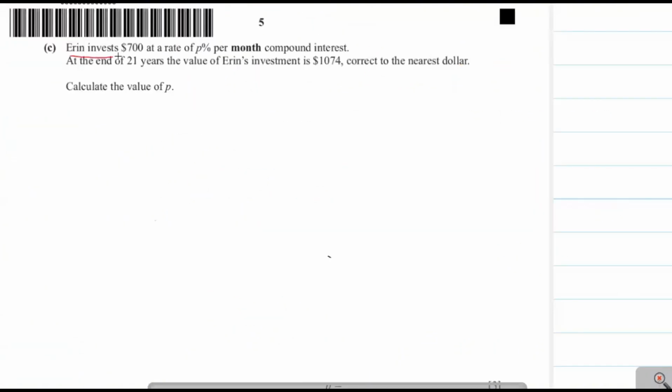Part C, Erin invests $700 at a rate of P% per month compound interest. At the end of 21 years Erin's investment is $1,074, correct to the nearest dollar. Calculate the value of P. Look here, the total investment here is 700 and the time here is 21 years, and the rate is P% per month.